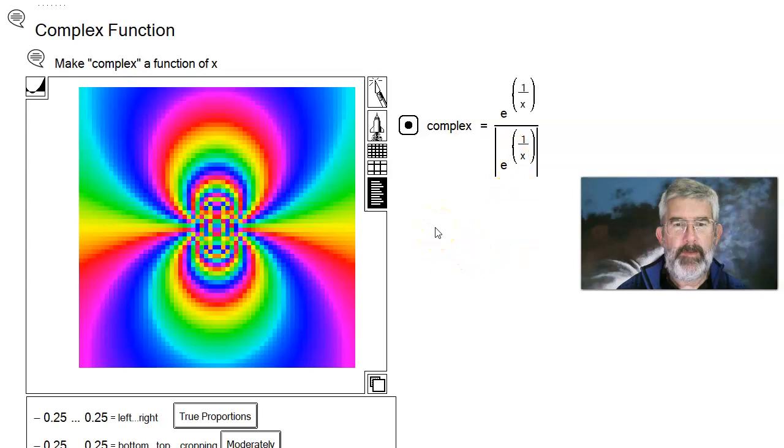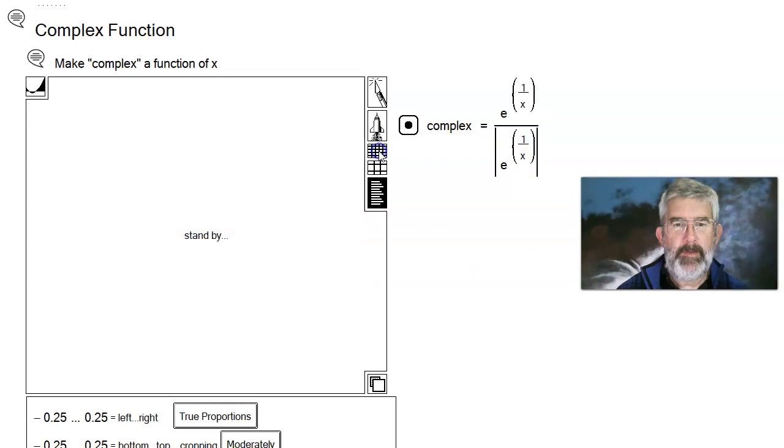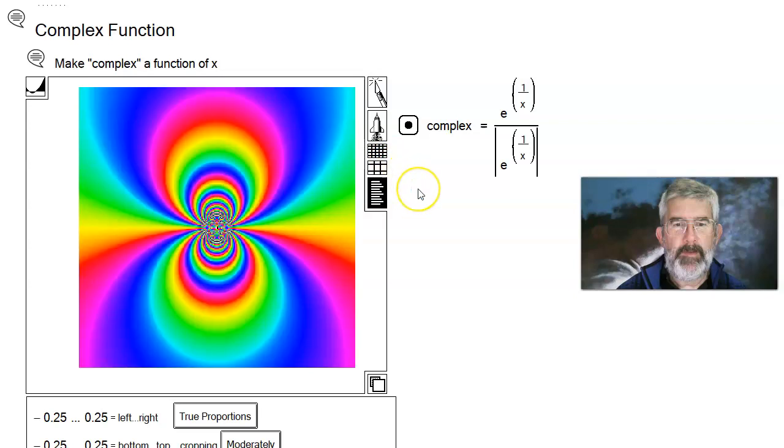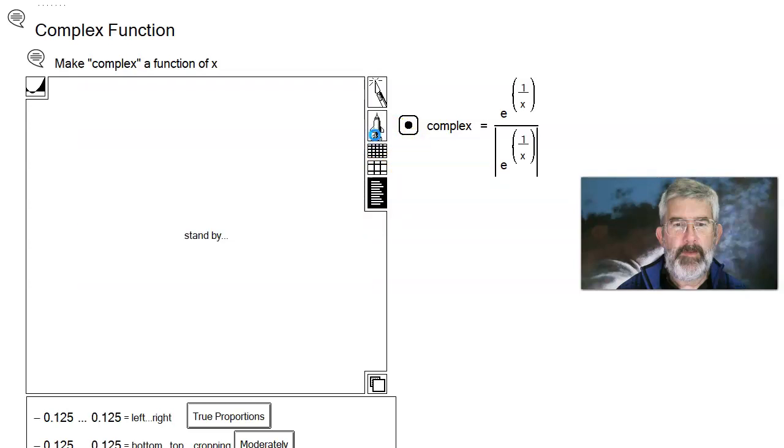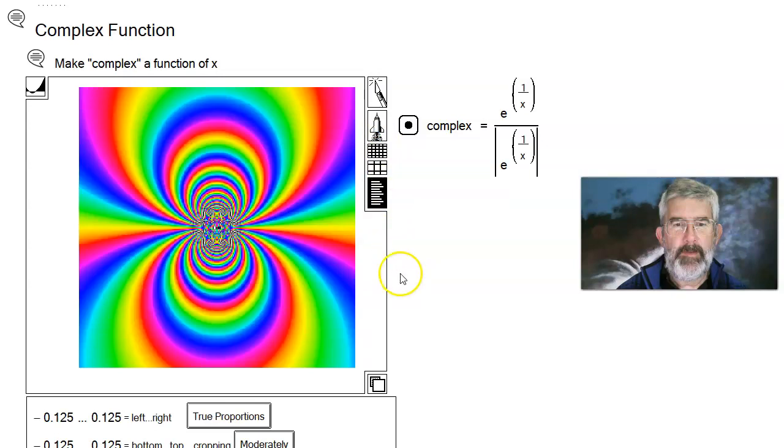And suddenly I have kind of craziness. I'm increasing the accuracy of the plot, which of course takes a little longer to plot. As I zoom in here, you can see that these colors are repeating over and over and over again, which means you're moving around and around and around that unit circle.